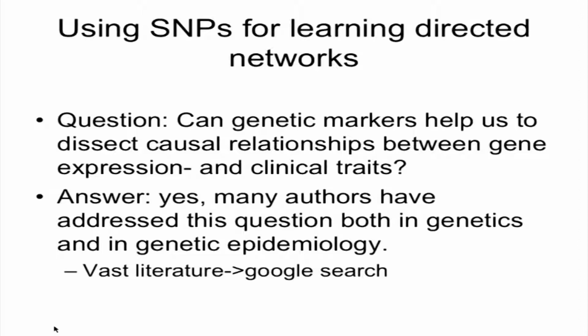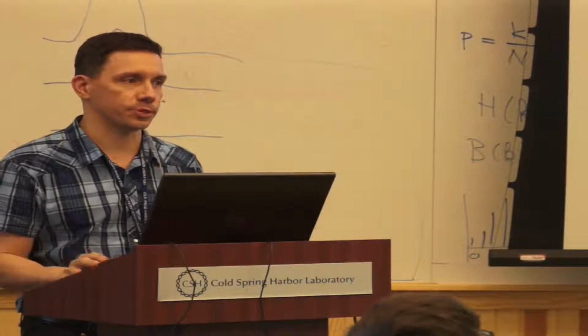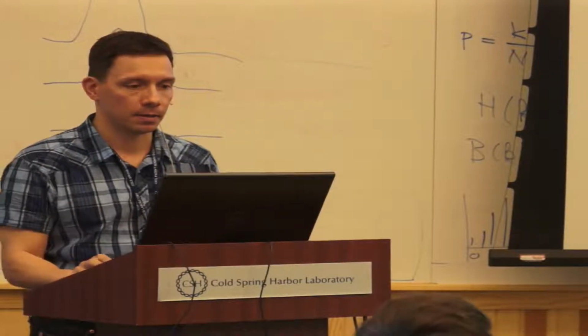What do I mean by directed? Well, there are directions. This causes that. There's actually a vast literature on that topic. Yes, you can use SNPs to infer causal directions as long as you are willing to make certain strong assumptions, which are debatable.